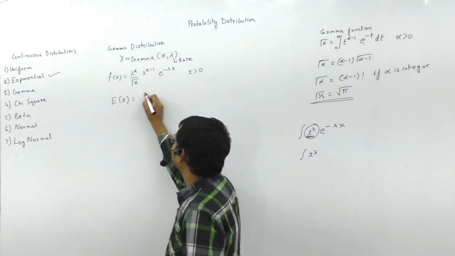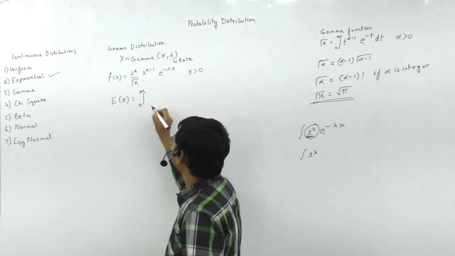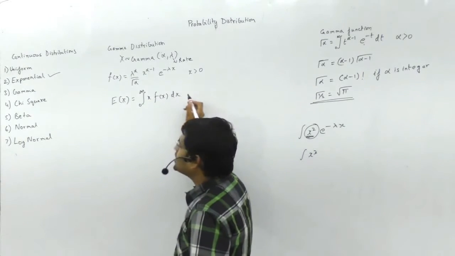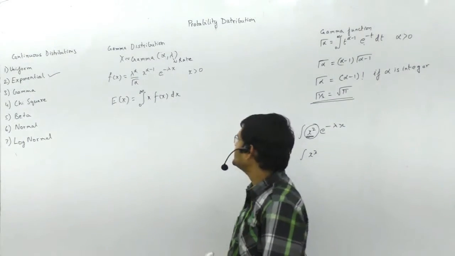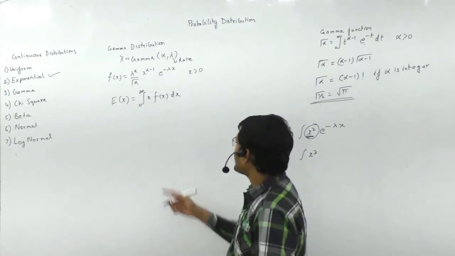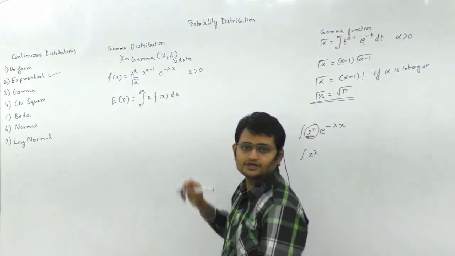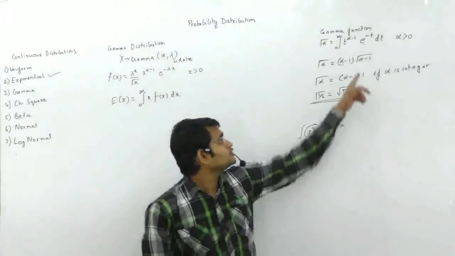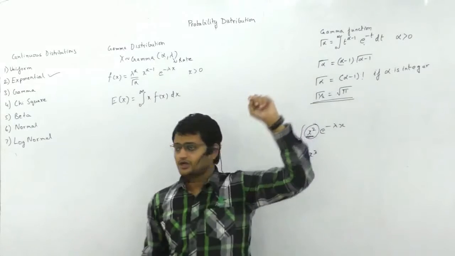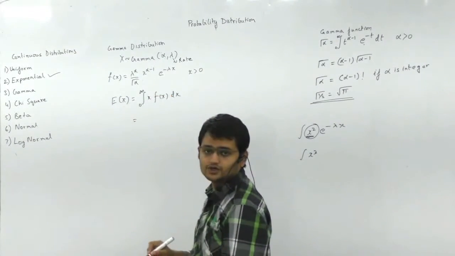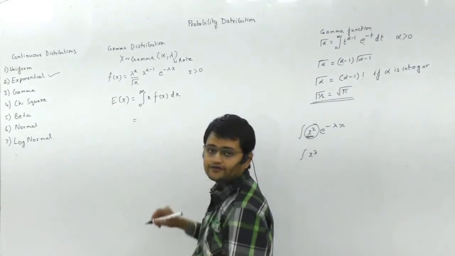Expected value will have integration 0 to infinity x into fx dx. Now I just said that we cannot integrate this fx. So I am using integration here. So basically for this integration we are going to use the gamma function. Now how? We'll see that. So we have integration from 0 to infinity x into fx dx.